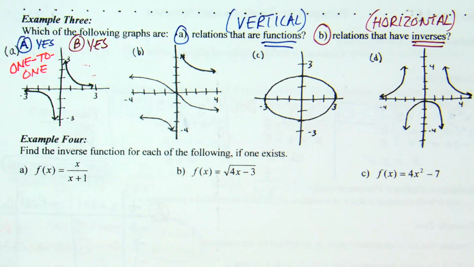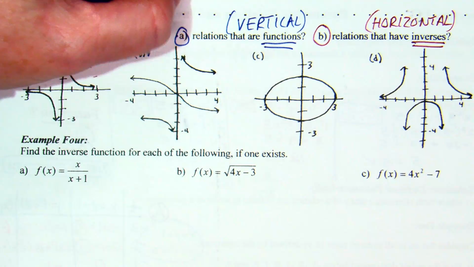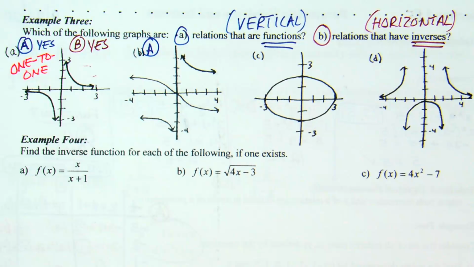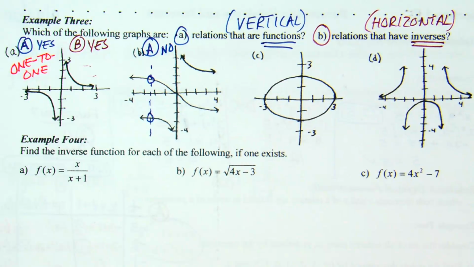Okay, graph B. Is it a function? No, it fails the vertical line test. Now, we still have to ask ourselves, does this relation have an inverse?